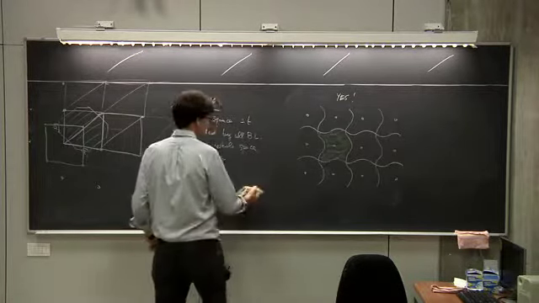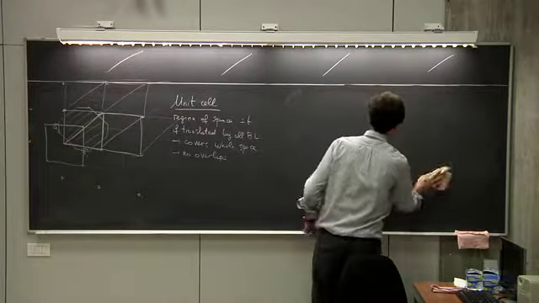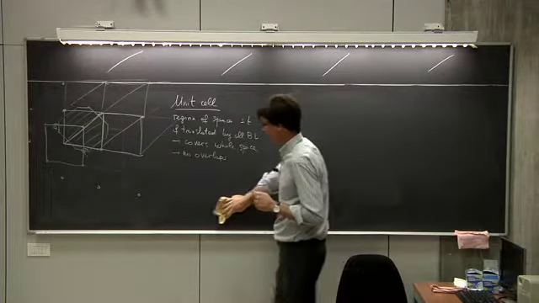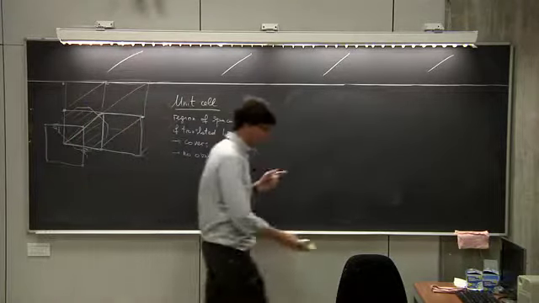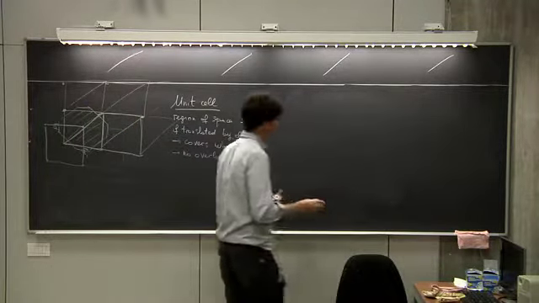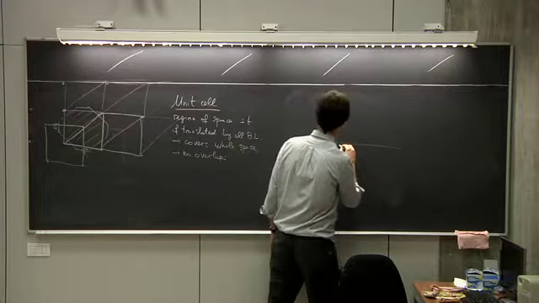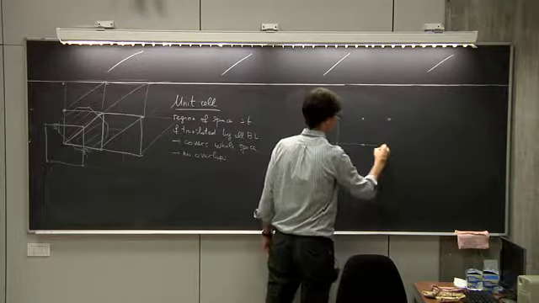The last thing I wanted to say about unit cells is this. Well, actually, there are two things I wanted to say. The first one is something perhaps obvious, but I think it's worth discussing just for the sake of clarity.